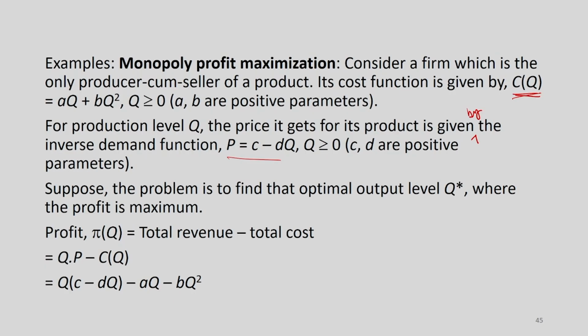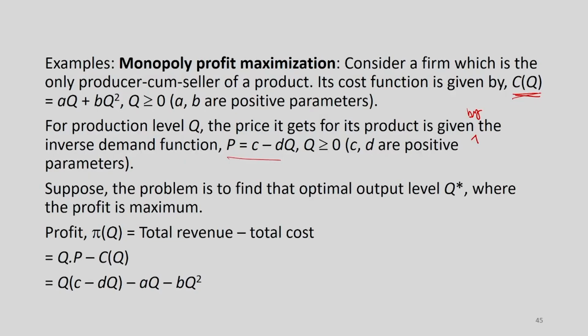I am going to talk about what is an inverse function later on, but it is just the opposite. You take P to be a function of Q. P is equal to, in this case, a linear function C minus dQ, where C and D are positive. So, here you see in this problem, you have the combination of both a linear function and a quadratic function. The cost function is quadratic and the inverse demand function is linear.